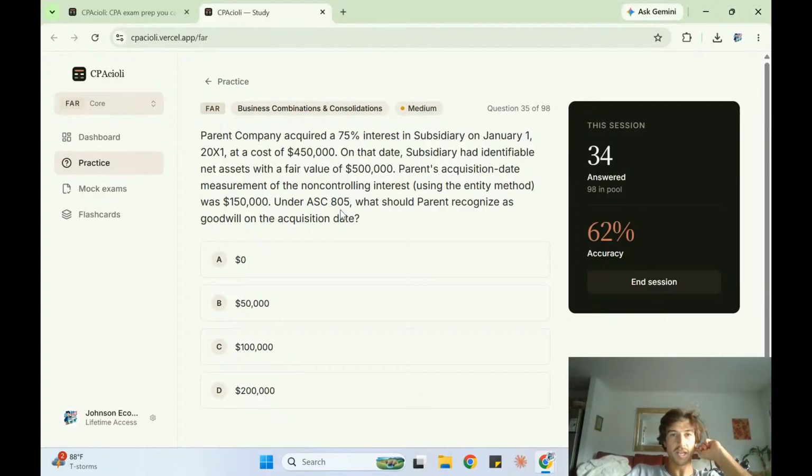Okay, cost of 450K. But the parent's measurement of non-controlling interest was 150, so you add that to the 450, so it's 600.